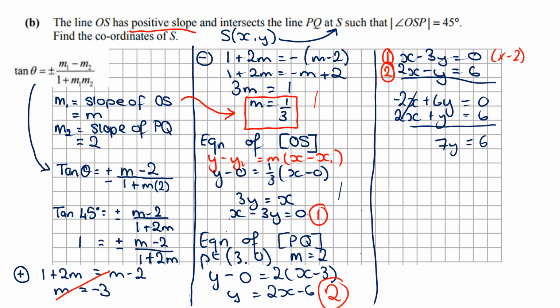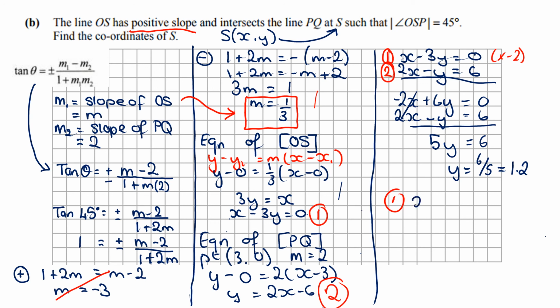Sorry, apologies. I have the wrong sign there. It should be a minus y, and that leaves us with 5y equals 6. So y is equal to 6 over 5, or if you're putting in decimal, 1.2. Then to figure out what the x coordinate is, we can go back to equation 1 just because it's a little bit simpler.